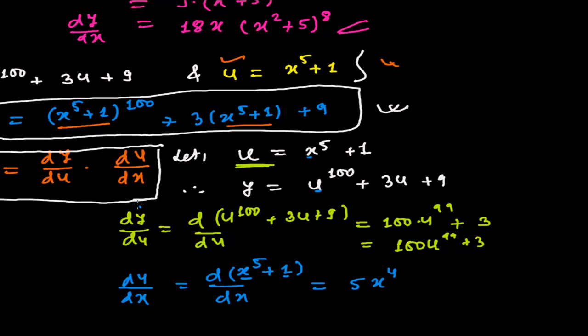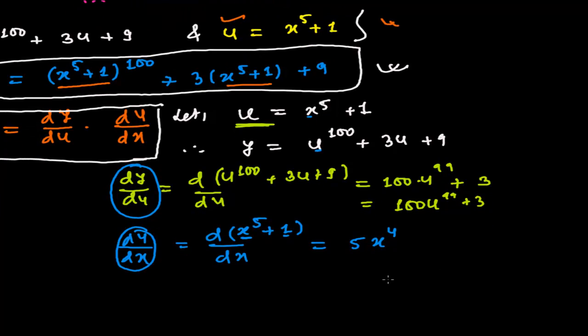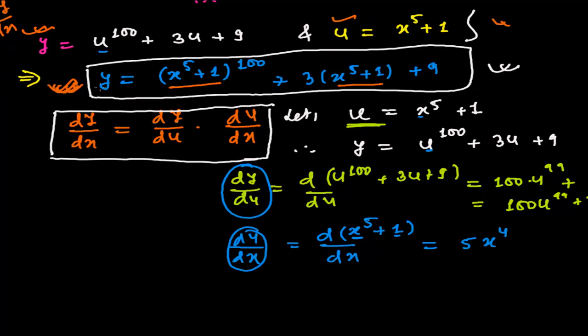Now see, I have found dy over du, and I have found du over dx. So now I can easily say my derivative of this function y, which is dy over dx, is simply, using this rule, the derivative of the function y with respect to u times the derivative of u with respect to x, right? So let's use it.